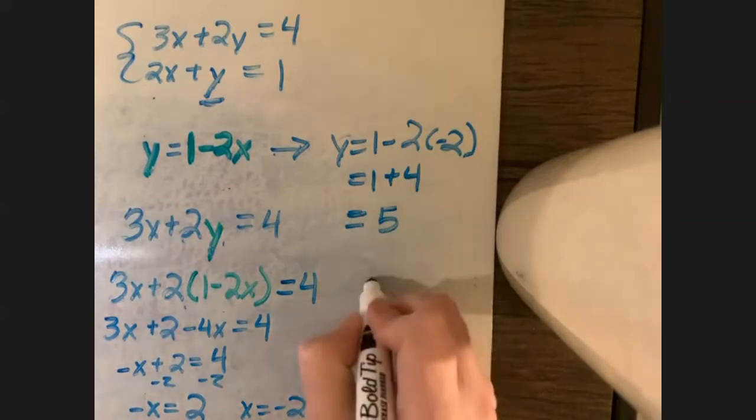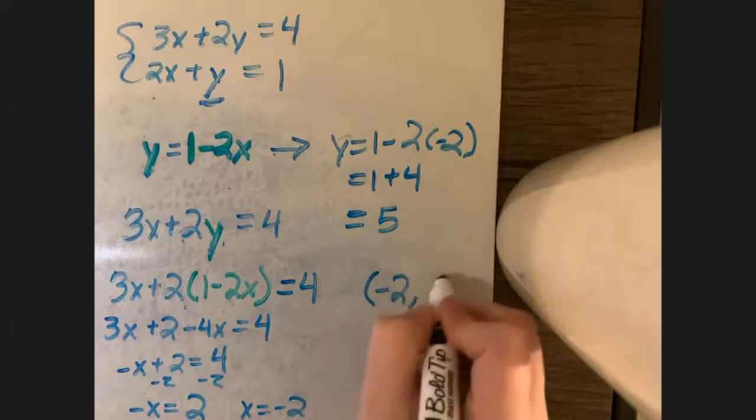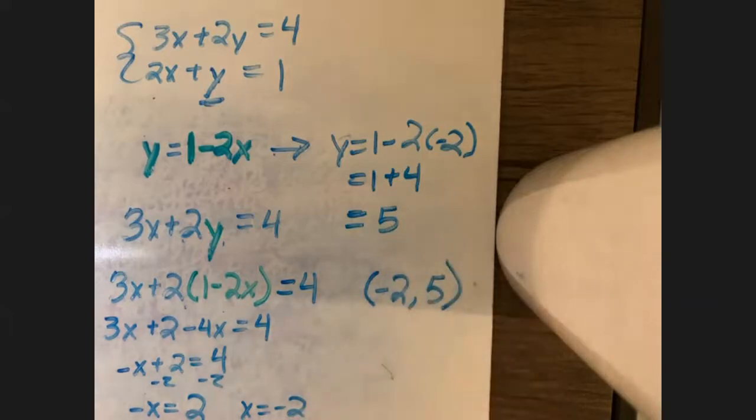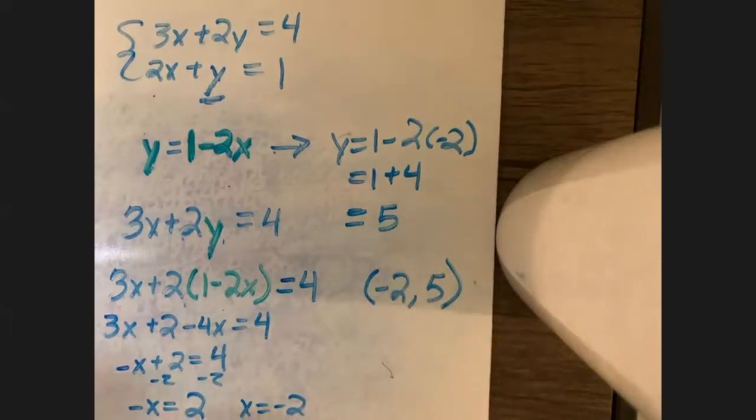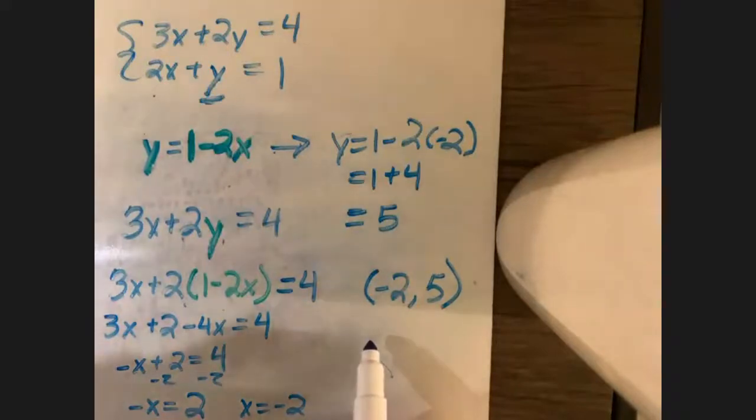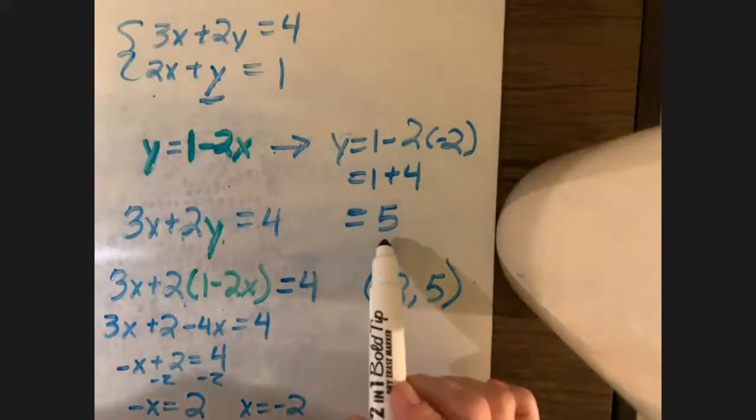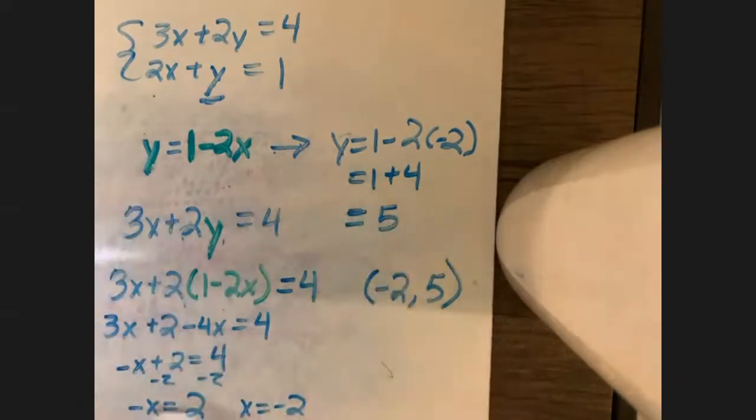Okay, so if we're going to write it in ordered pair, the only thing I say to be cautious about is, for this one it was okay because we got our x number first and then our y number, but do make sure you're writing in x-y order, okay? For instance, if you had gotten y first, that it was 5, and then figured out that x was -2, don't write it as 5, -2.